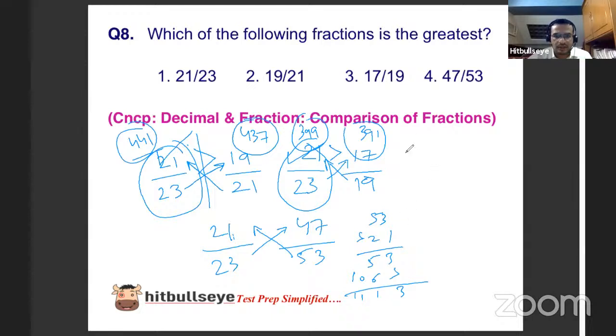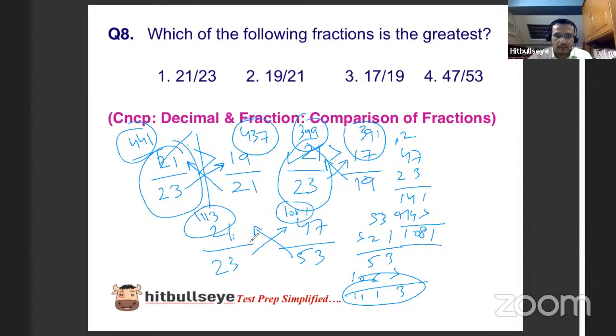And 47 into 23 is 1081. 1113 is way higher than 1081, which means 21 by 23 is the greatest of all the four.